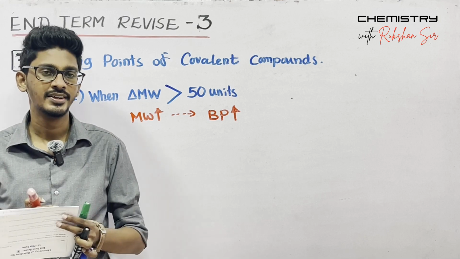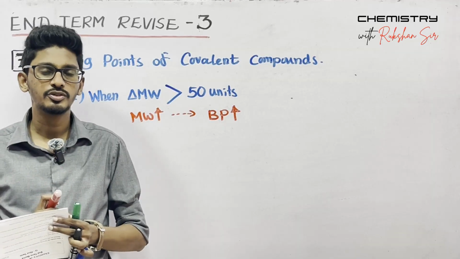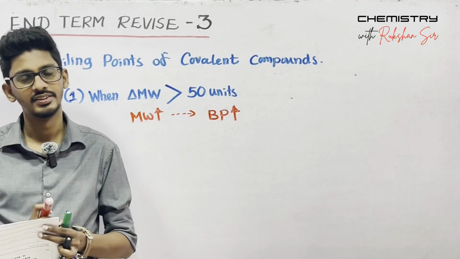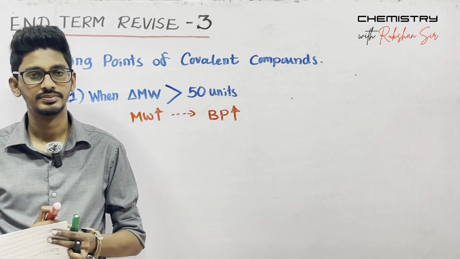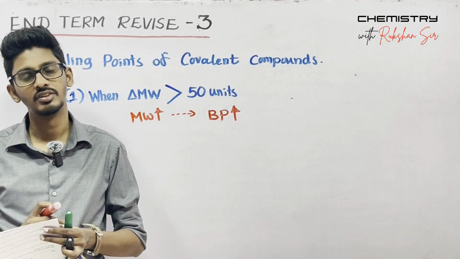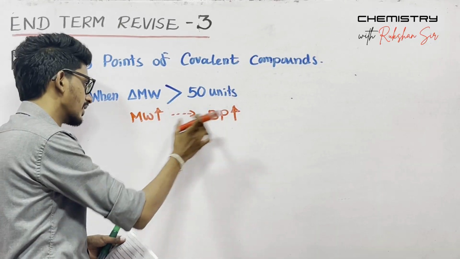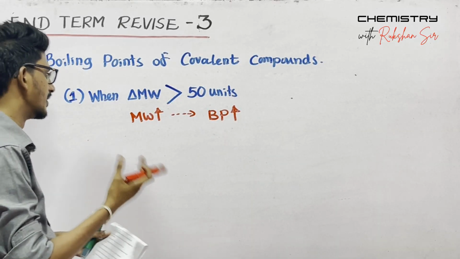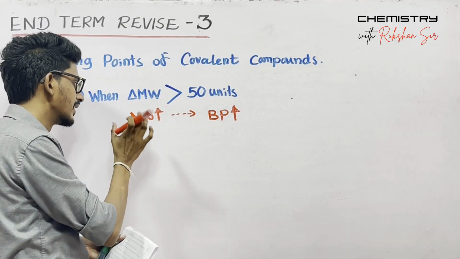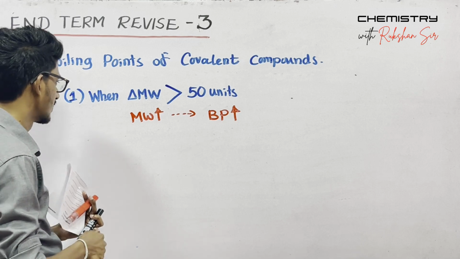You have to put the particles apart from each other and increase their speeds. When you are heavy, that becomes harder, so you need higher temperatures and boiling points increase. So if the molecular weight difference is greater than 50 units, the species with the greater molecular weight has the greater boiling point.